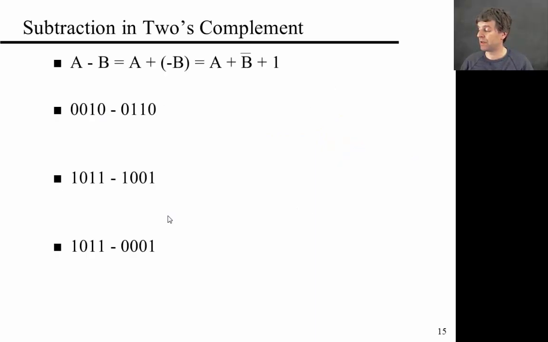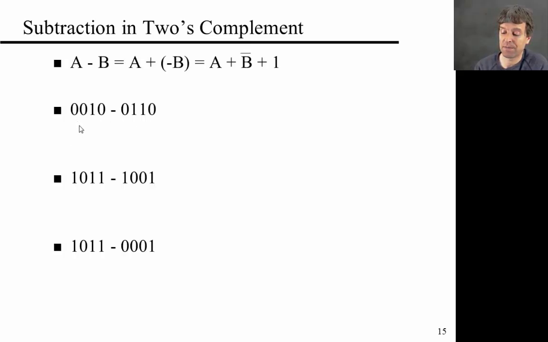Subtracting in 2's complement is also, not surprisingly, quite simple to do. It's essentially just saying if you want to do a minus b, just convert the subtraction to an addition by representing minus b as b bar plus 1, so flip bits, add 1, and then it's very straightforward, right?